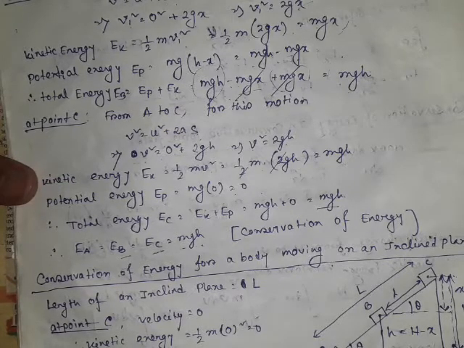You have to keep one thing in mind: we didn't consider the resistance offered by the air during the fall, and also the upthrust due to the air. We just assume an ideal condition where those forces are not present, that means the presence of air is not considered here.